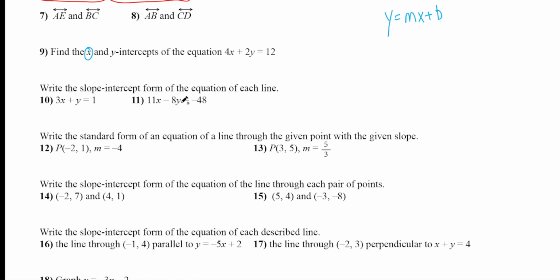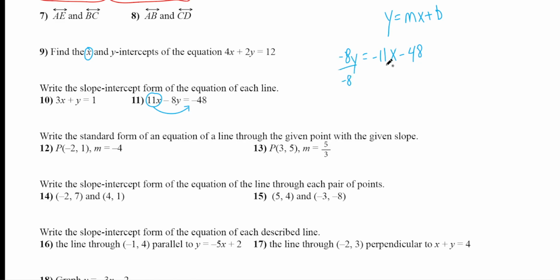This is a little bit more involved, not too much, but let's do it. Let's get y by itself. What's the first thing we're going to get rid of? The minus 11x, right? So I've got negative 8y equals negative 11x minus 48. Everybody see what I did? I took this and I subtracted it from both sides. I just pushed this over because I want the x to go first. One more step and I'm finished. Divide by what? Not an 8.